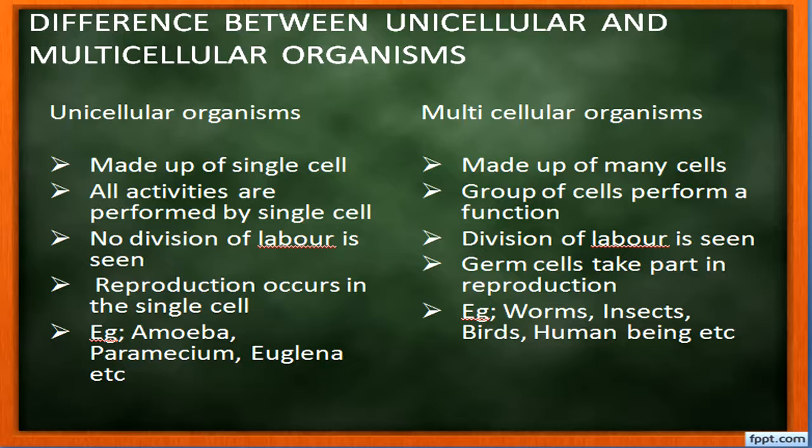Last year you would have studied about the male gamete and female gamete, sperm and ovum, isn't it? That is what we call germ cells. These germ cells take part in reproduction. Unicellular organisms include examples such as amoeba, paramecium and euglena, whereas multicellular organisms comprise worms, insects, birds, human beings, etc.